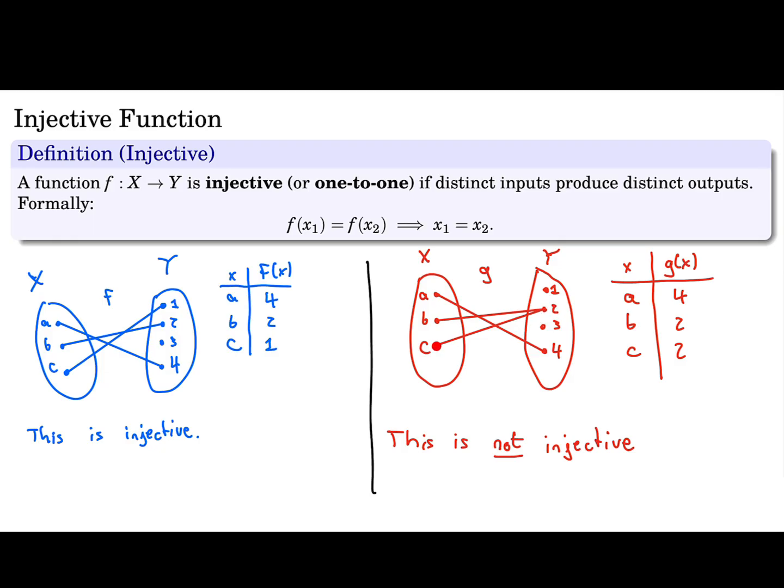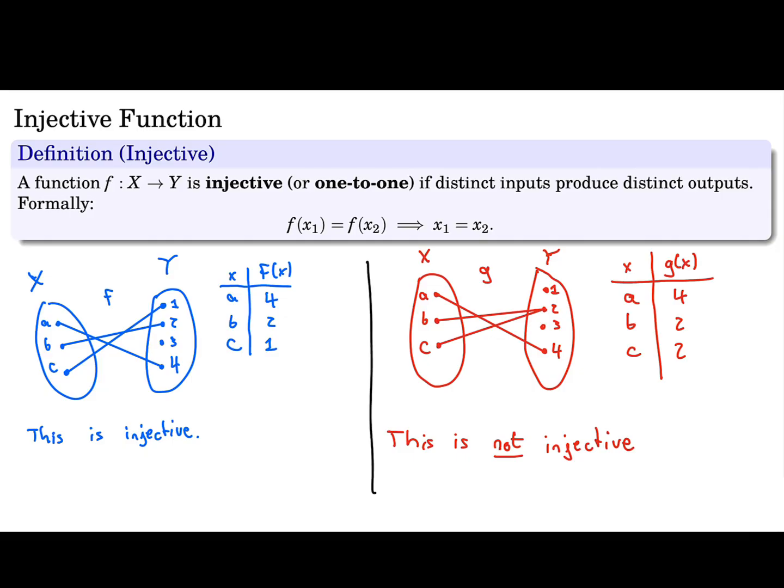If I know that g of x is equal to 2, I can't really know what x is. So again, if you look here, you'll see that there's a repetition. Another way of thinking about this is: if I tell you the output of the function, can I know what the input was?